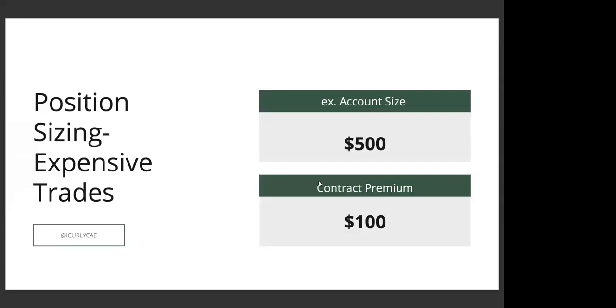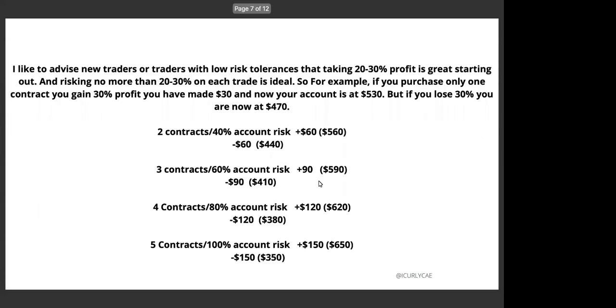All right, so position sizing with expensive trades. Here's an example. If you have a $500 account size and you enter a contract with a $100 premium, you're essentially risking quite a bit of your account. So I like to advise new traders, again, 20 to 30% profit is great starting out.